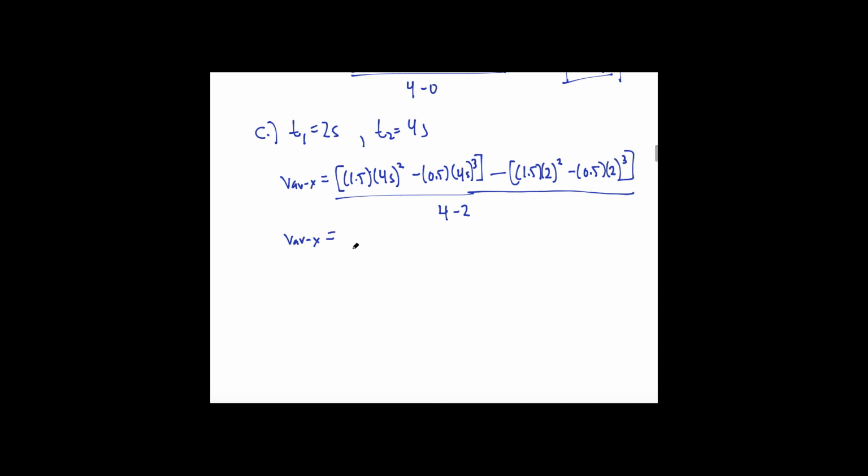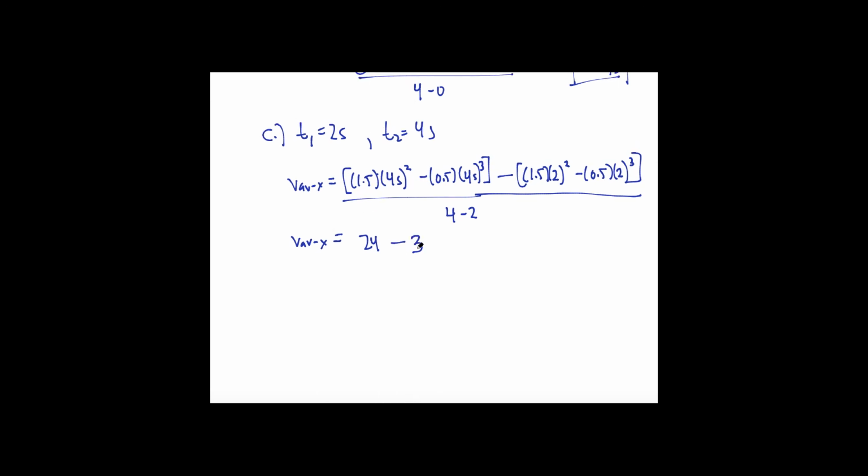So I will have 4 squared times 1.5, which should give me 24. The second term, 4 cubed times 0.5, should give me 32. From that, I'm going to subtract, and I'm going to go ahead and leave my parentheses in here, 1.5 times the square of 2, which works out to be 6, minus 0.5 times the cube of 2, which works out to be 4, all over 2.